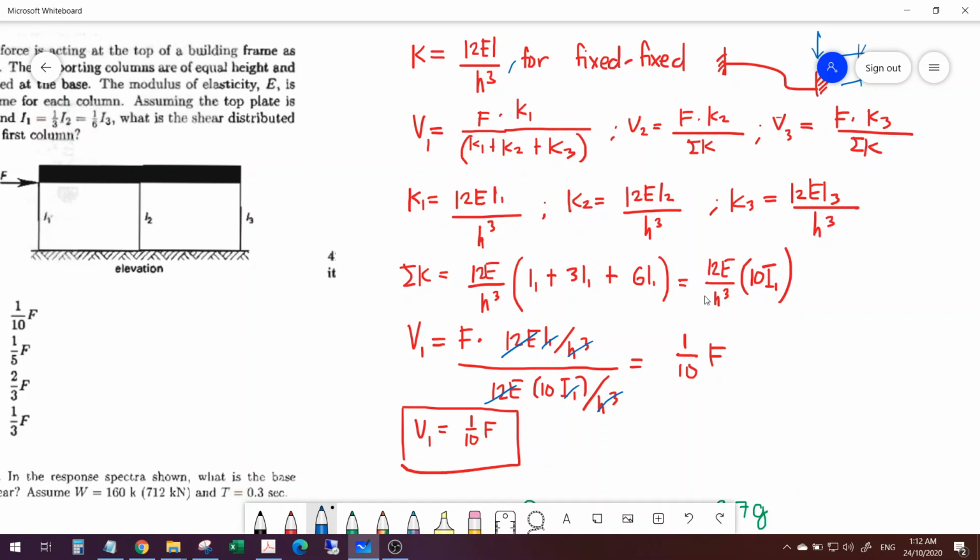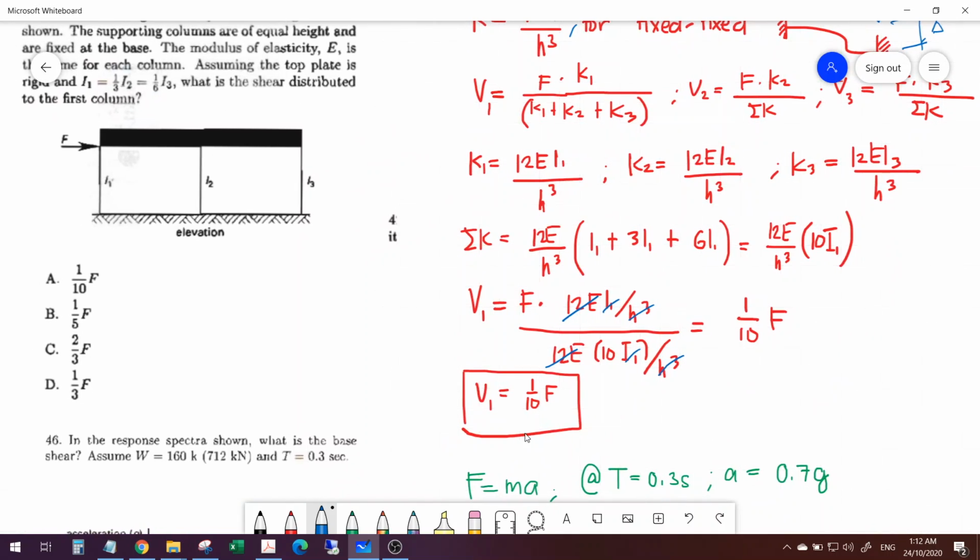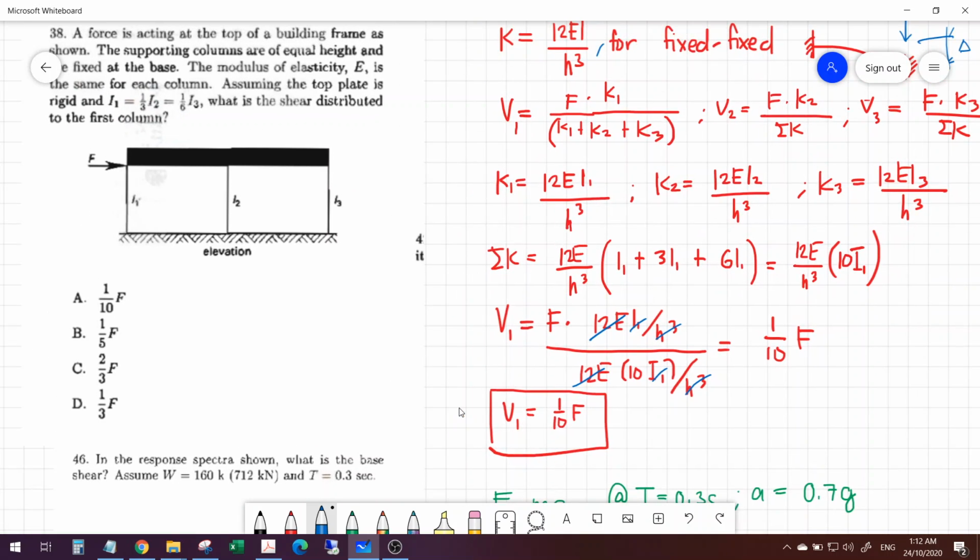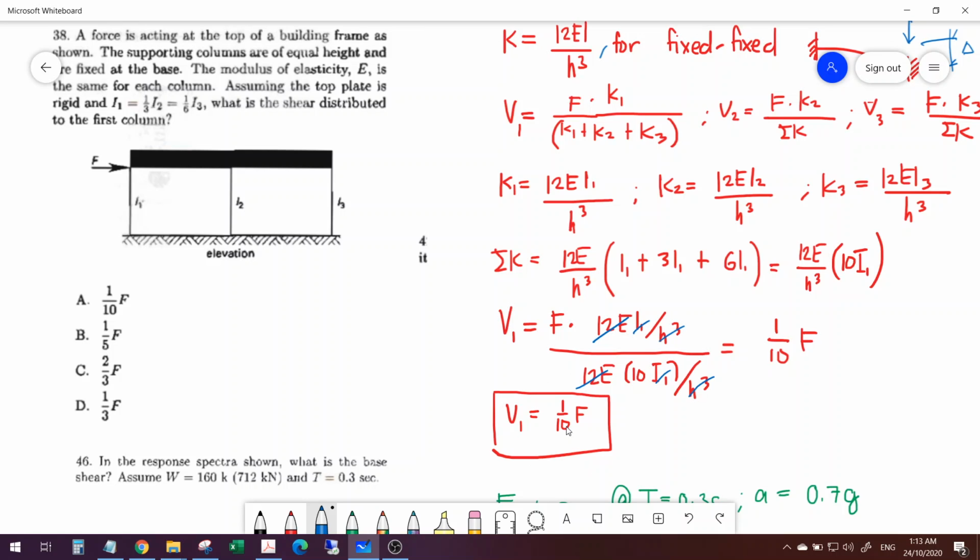Ito 'yon, 12E times 10I1 over H cube. As you notice, marami tayong maka-cancel out. 'Yung 12E, 'yung I1, saka 'yung H cube. So, ang matitira na lang is 1 over 10 F. Okay? So, therefore, 'yung shear sa first column is 10% lang ng total base shear.